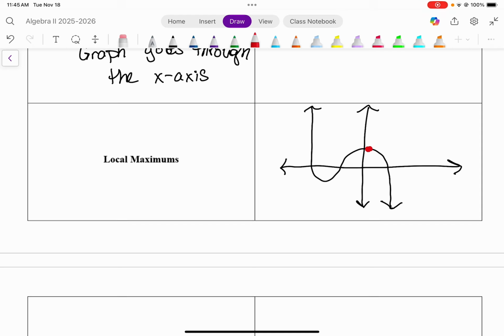But we do have a curve here, and this point would be our local max. When you are listing your local max, you are going to list only y values.